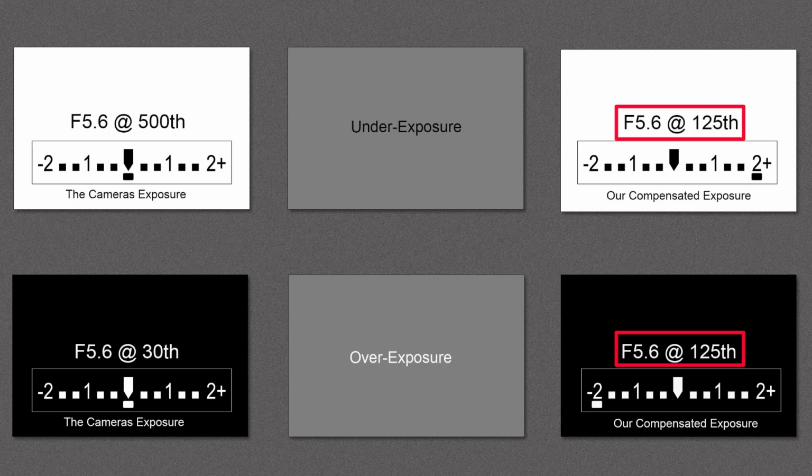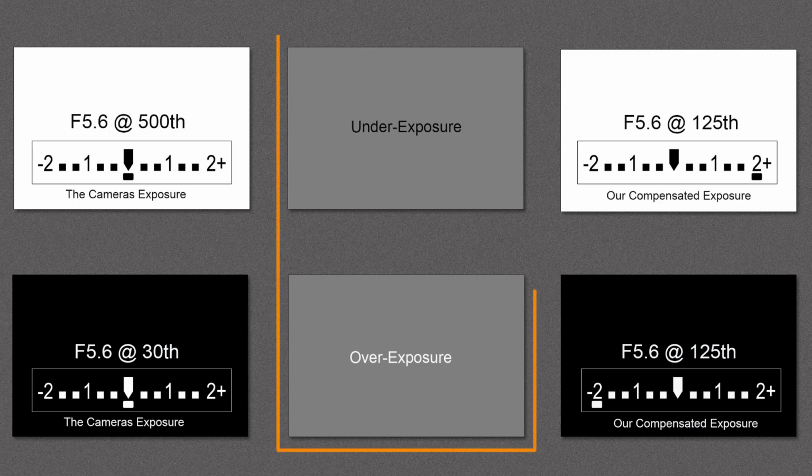Now, why is that? It's because both cards are being lit by exactly the same light source, in our case, the sun. That light doesn't change whether we're photographing white or black. So we may be asking, why was the exposure the camera selected so wrong?